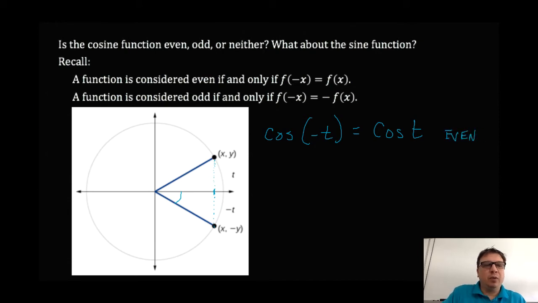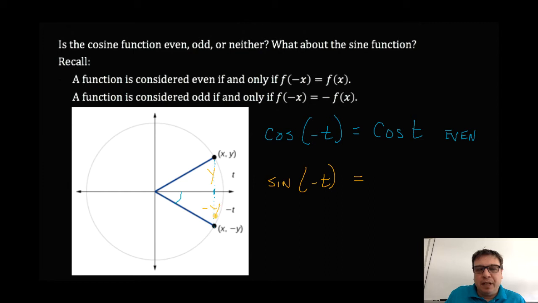If I go through now, I'll use a different color. If I go through now and look at sine, and I take the sine of negative t, remember sine is the y component, so up here that would be y.